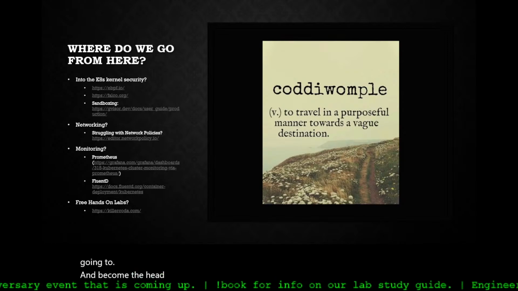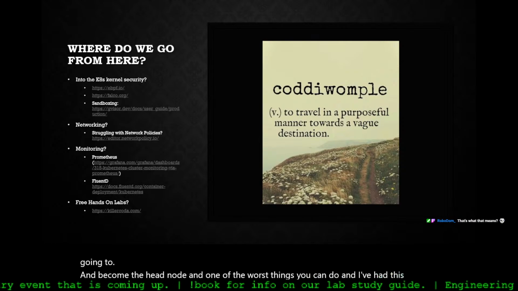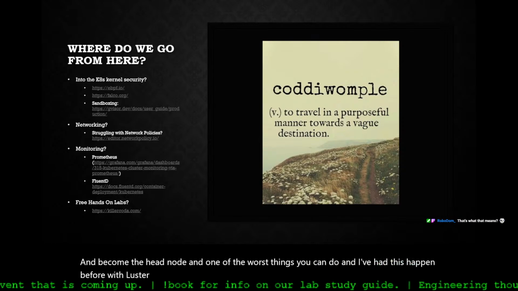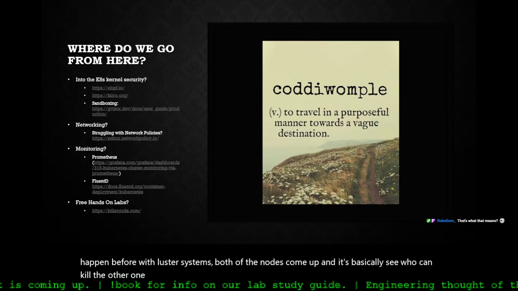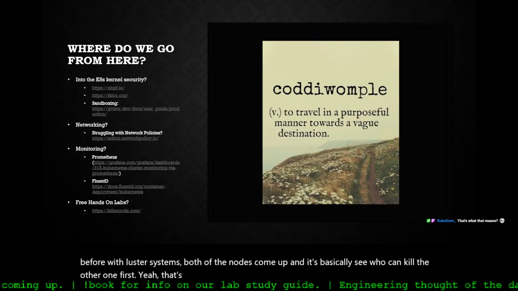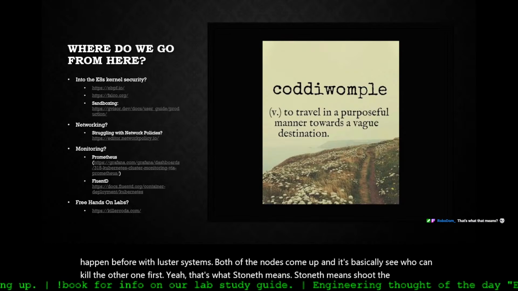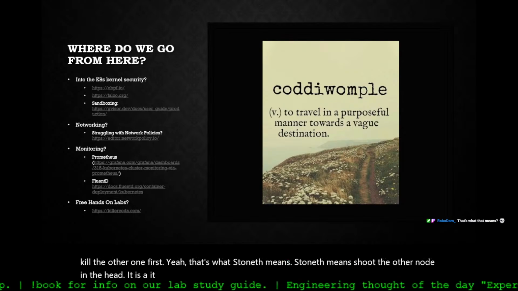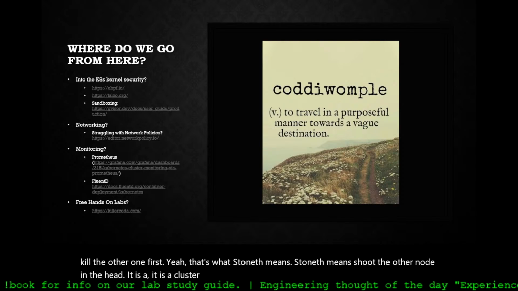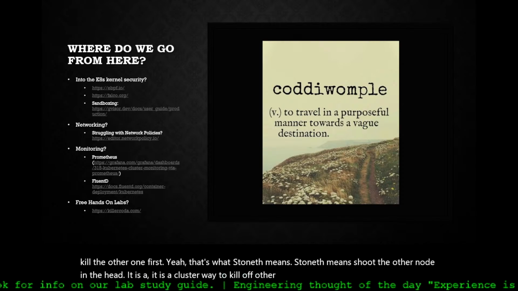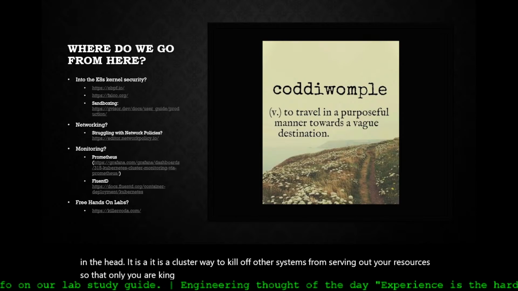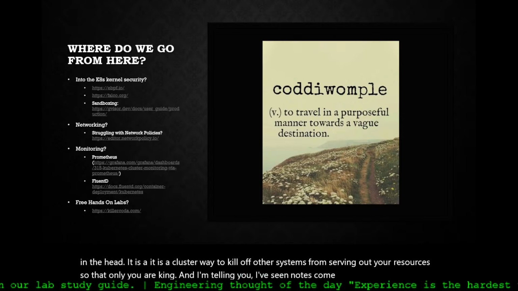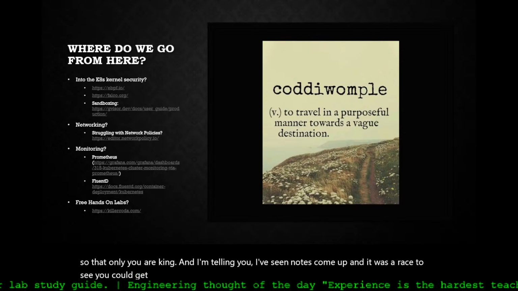And one of the worst things you can do, and I've had this happen before with Lustre systems, is both of the nodes come up and it's basically see who can kill the other one first. That's what stoneth means. Stoneth means shoot the other node in the head. It is a cluster way to kill off other systems from serving out your resources so that only you are king. I've seen nodes come up and it was a race to see who could get up first to kill the other one.